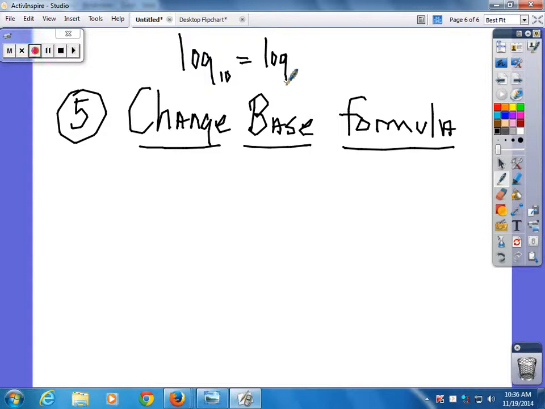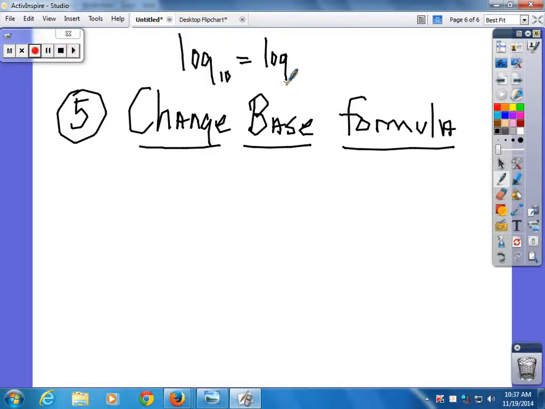Just like x: if you have x plus 4x, that would be 5x. There's a 1 in front of that x, but you just don't see it. If you see this in your book, then it's assumed to be log base 10.